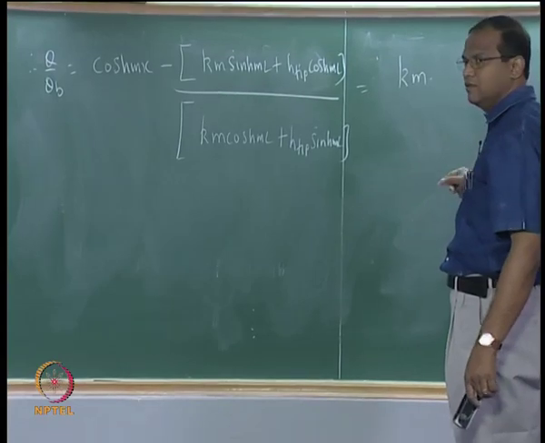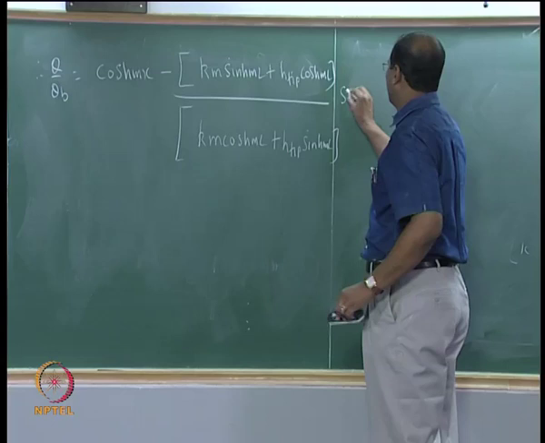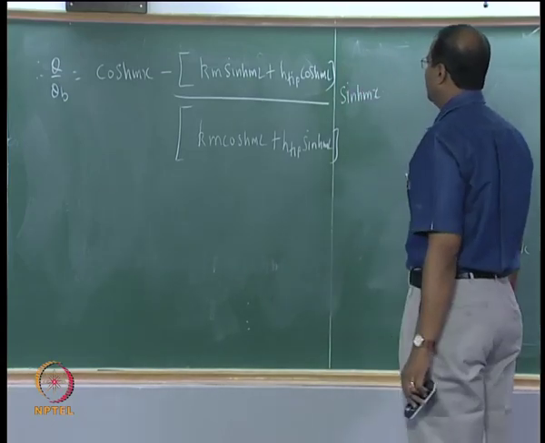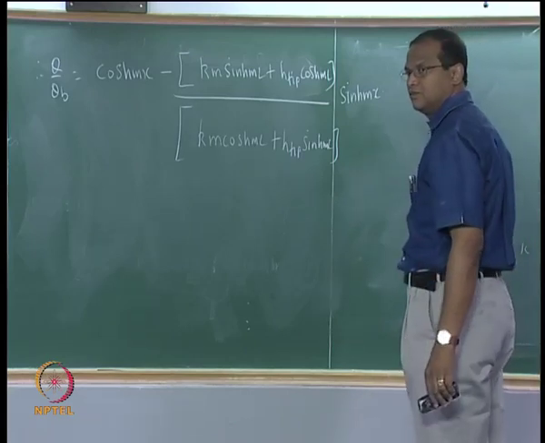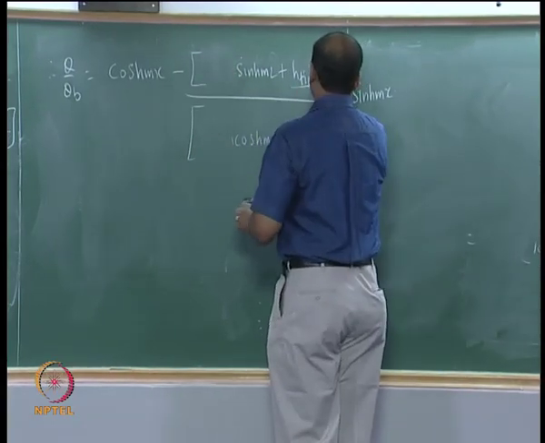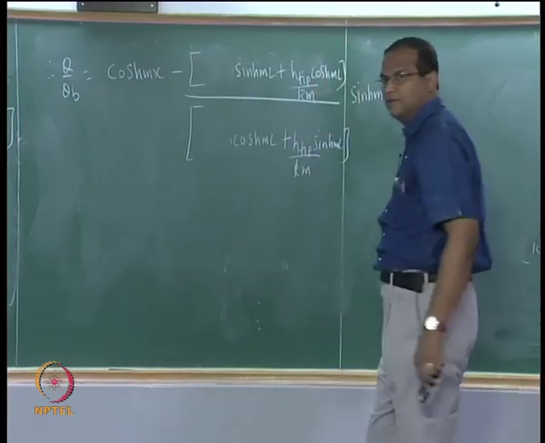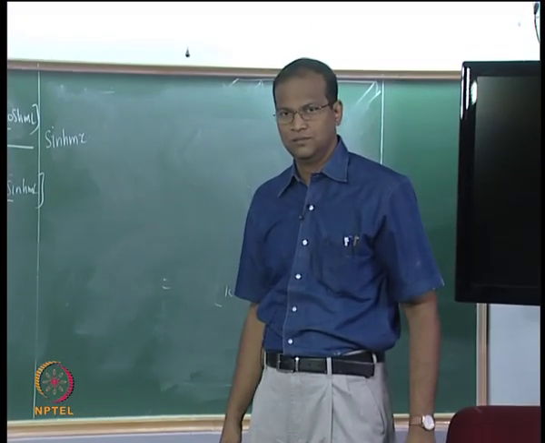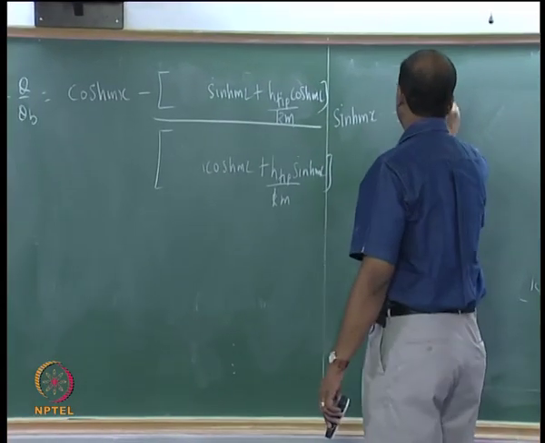Oh, of course, without that I am in trouble. Now, any objection? Is it fine? I removed the Km from both the numerator and denominator. Okay, now I can cross multiply.